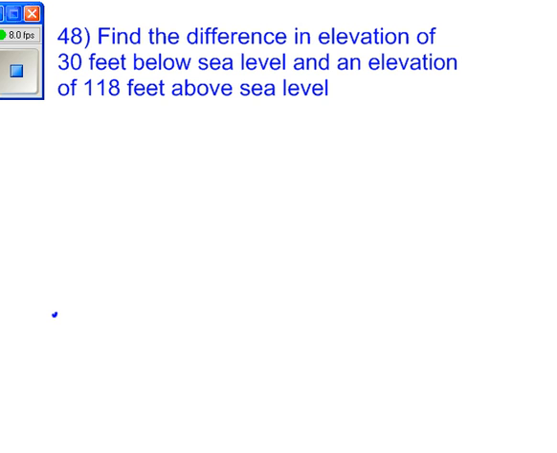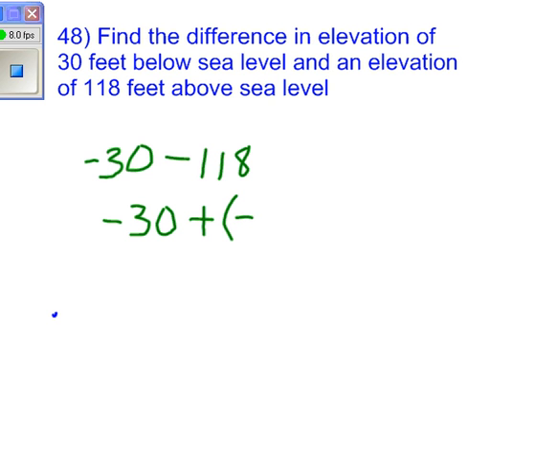Problem number 48 says, find the difference in elevation of 30 feet below sea level and an elevation of 118 feet above sea level. So we're going to subtract these two. So we're going to do 30 feet, subtract, and this is a negative 30. 30 feet below sea level, subtract 118. Okay, so we're going to rewrite this as a negative 30 plus the opposite of positive 118.